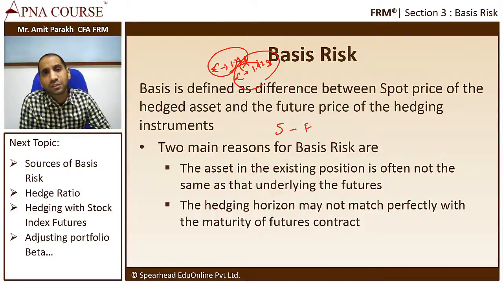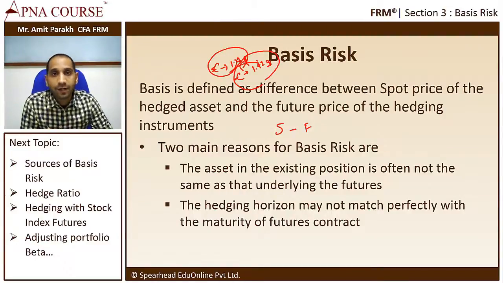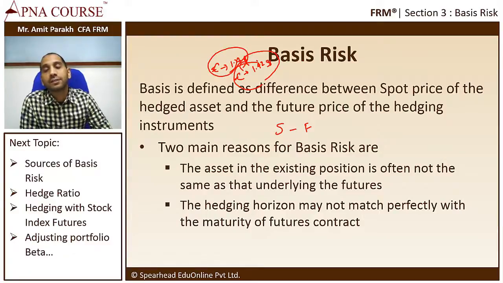So two reasons for basis risk. One, the underlying need not match, which I believe is termed as cross basis risk. And two, the hedging horizon may not match. So you have a certain exposure in the underlying which you would want to unwind on a particular date, while your futures have a settlement a little earlier or a little later than that, on account of which you would be exposed to risk, especially when your futures settlement happens later than your transaction with respect to the underlying.